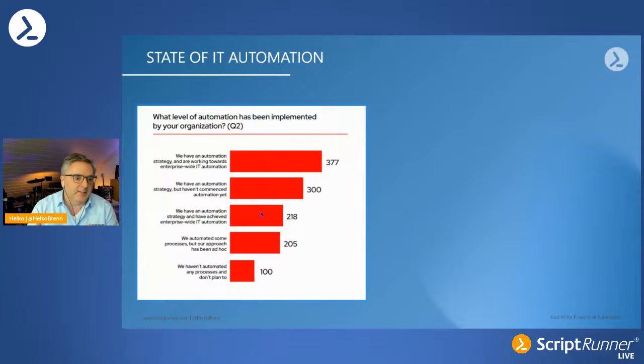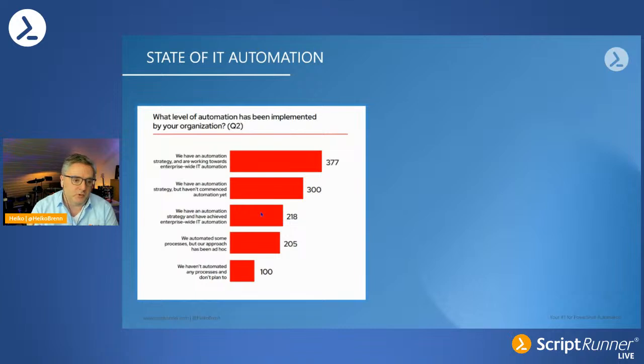And what we can see is that there is a whole lot of different stages where organizations are when it comes to automating IT. So we have organizations that already have an automation strategy where they are already working on getting everything enterprise-wide into a centralized IT automation strategy and infrastructure.